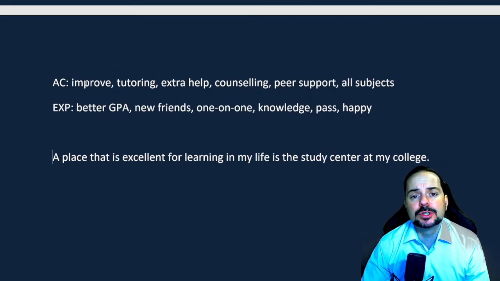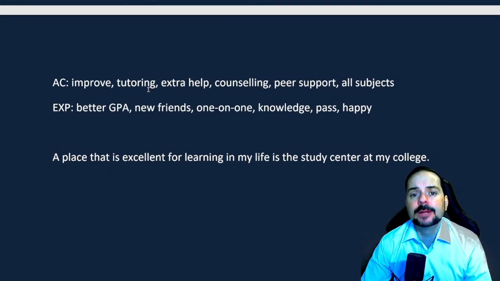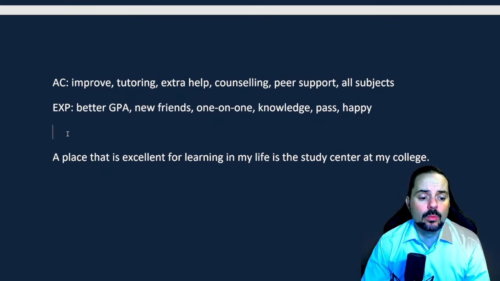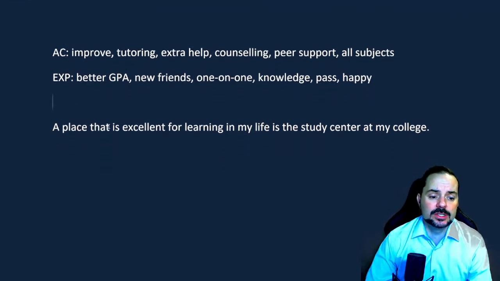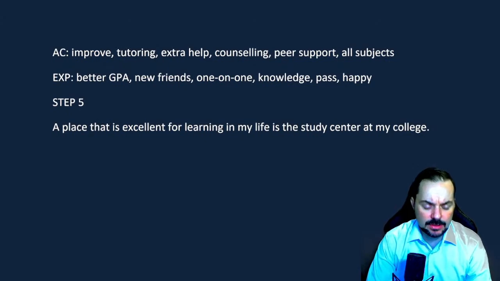Okay, the two most important steps, in my opinion, one is to find a good idea to talk about, okay, such as a study center, which is a good place for learning. And then the second really important step that you do not want to ignore is to come up with your first sentence. So first sentence, that's step number 5 usually, I think.